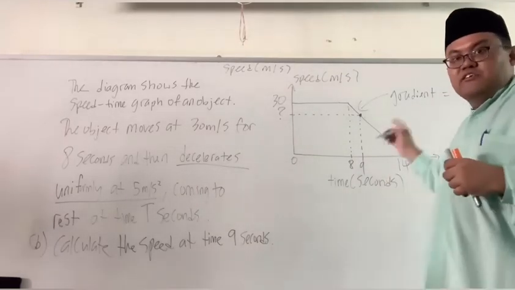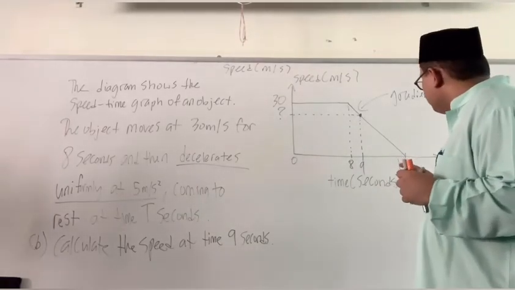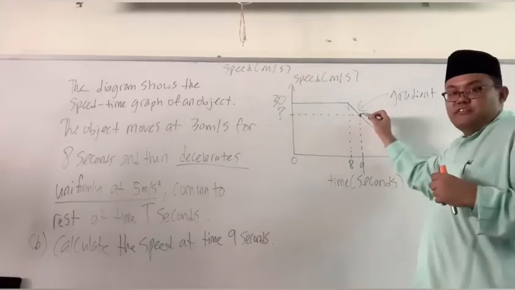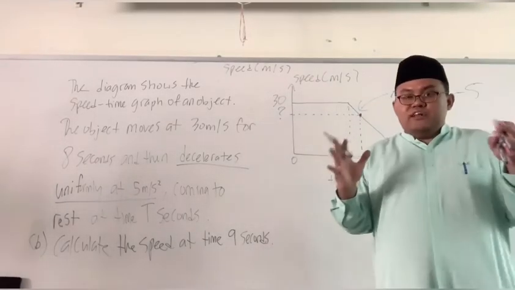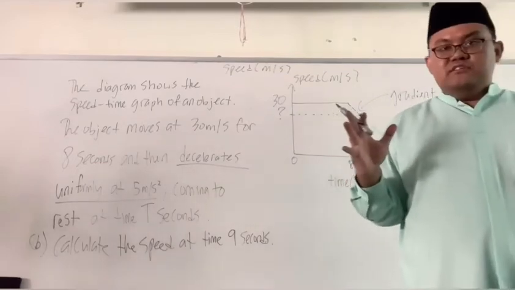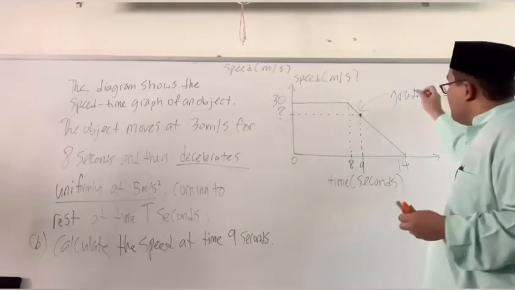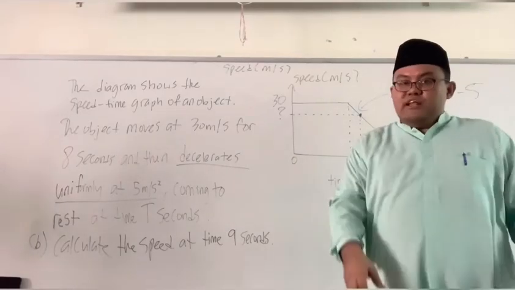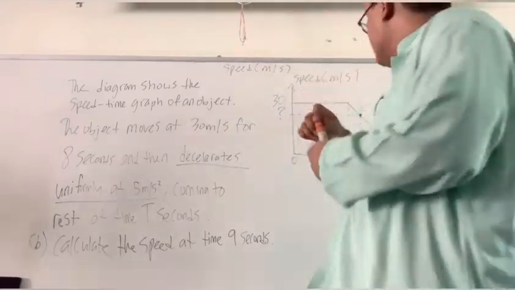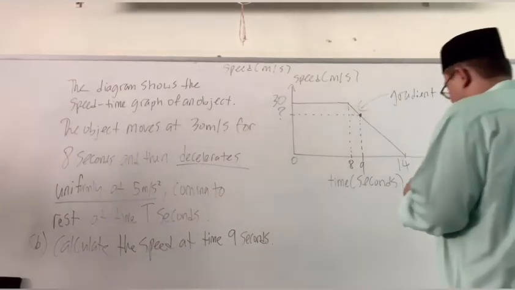Alright? The gradient is -5. And this point that we are interested in is on that line. So we can form an equation using the formula of gradient. And before we do that, we require 2 points. So which 2 points can we use?